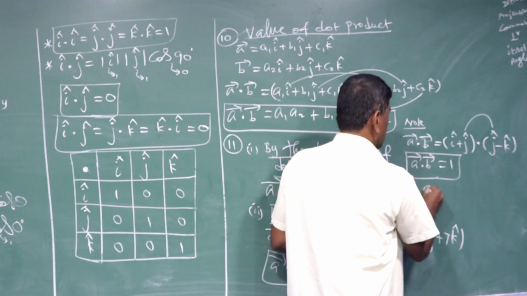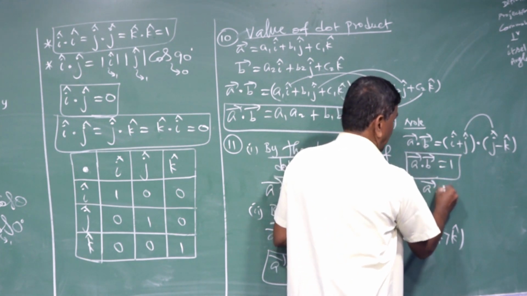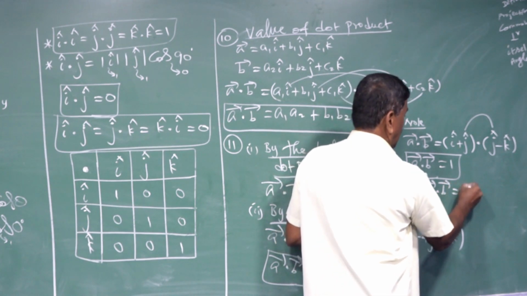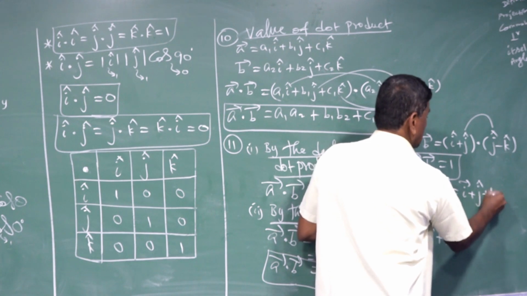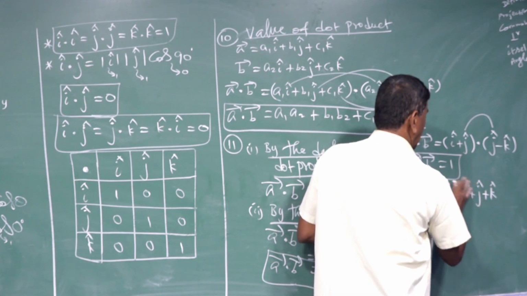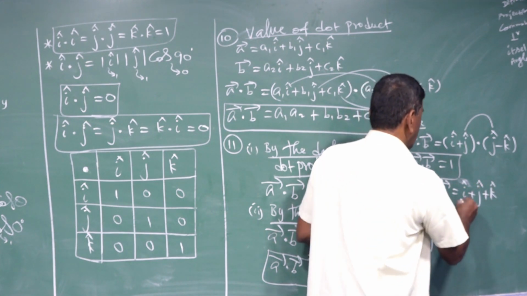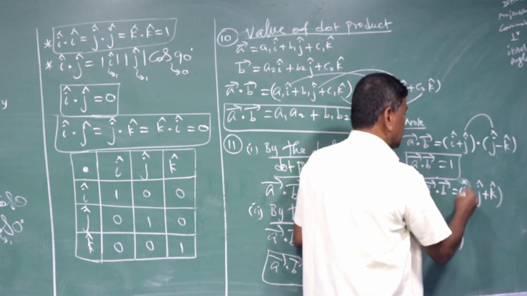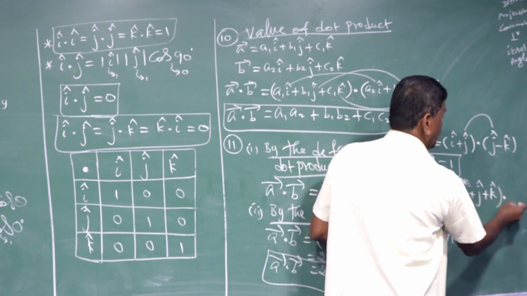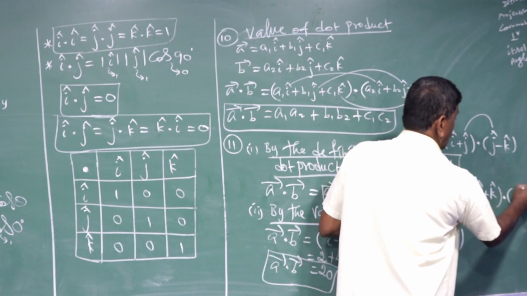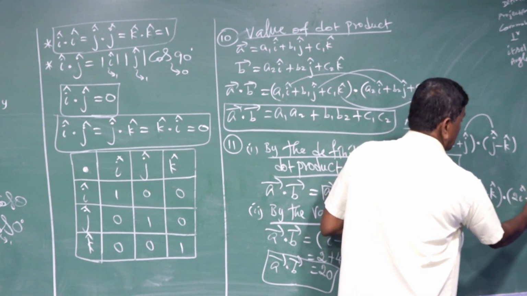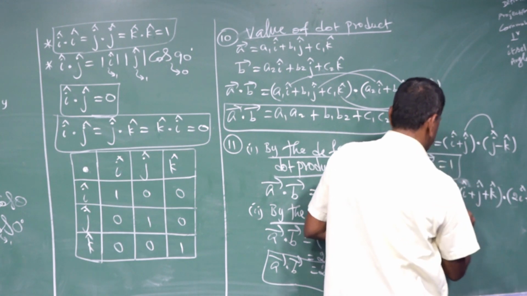Suppose the next question is A vector dot B vector, where A vector is equal to i cap plus j cap plus k cap, dotted with, for example, 2i cap plus j cap. So this is the situation.